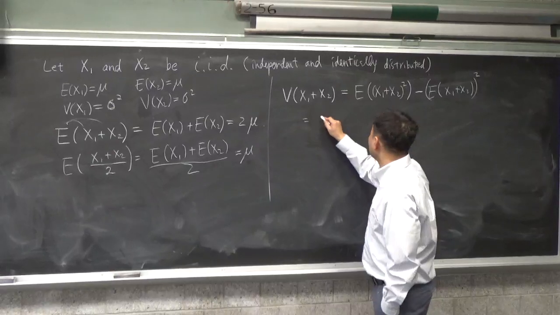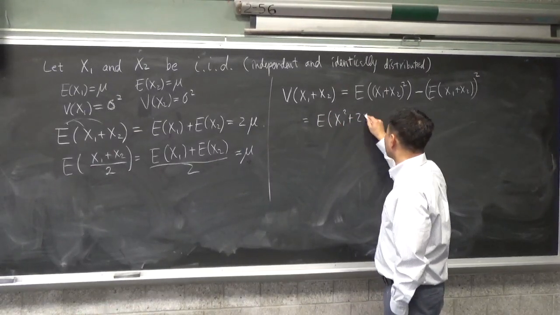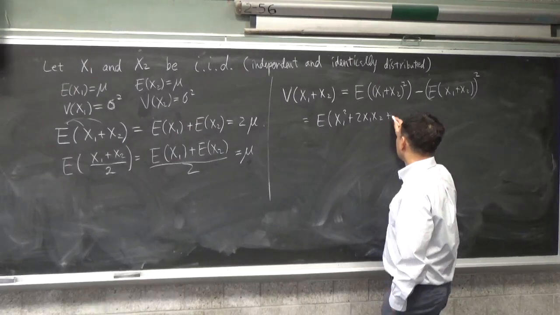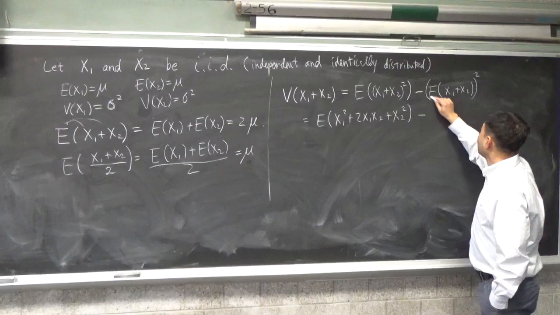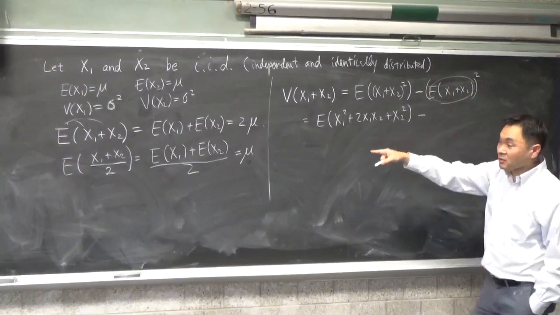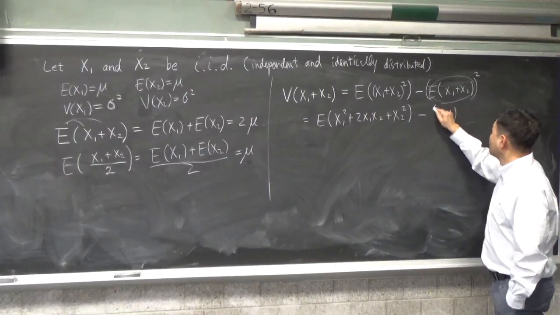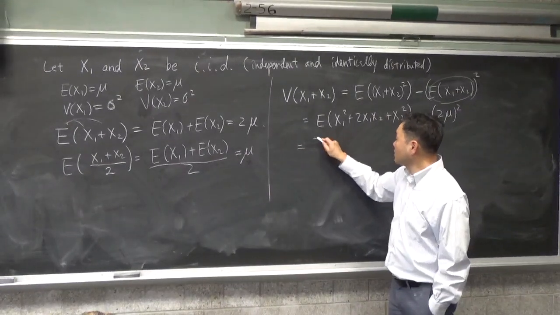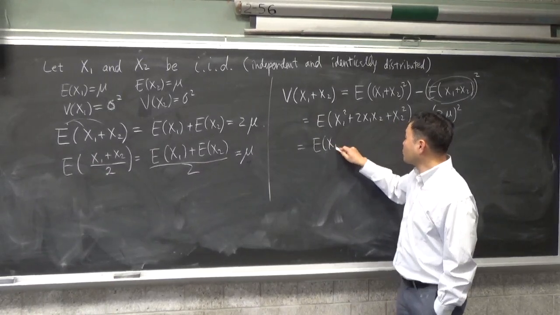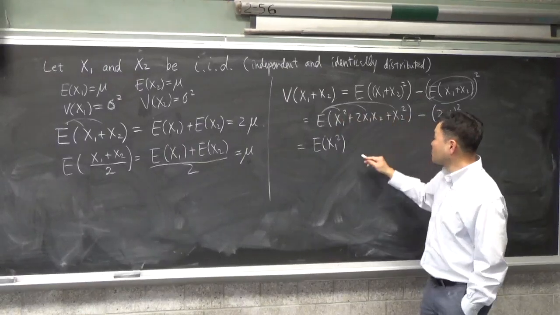And then that's going to be E of x1 squared plus 2 x1 x2 plus x2 squared minus, this one we know this is 2 mu, right? We just did it, (2 mu) squared. Okay, now let's see, E of x1 squared, E is linear, so you can just apply to 3 different terms separately.